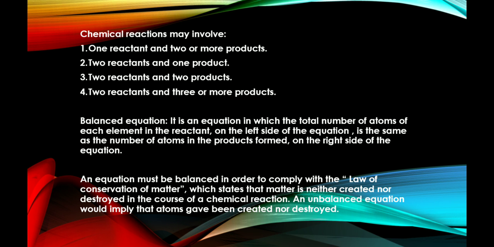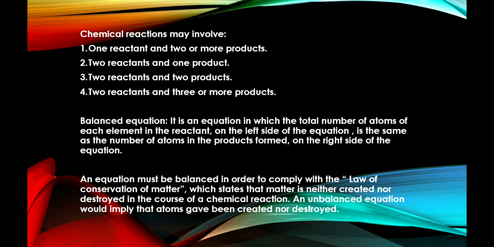Now, balanced equation. It is an equation in which the total number of atoms of each element in the reactants on the left side of the equation is the same as the number of atoms in the products formed on the right side of the equation.